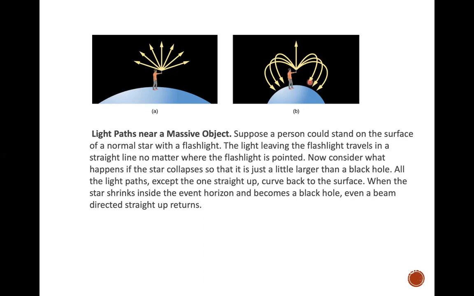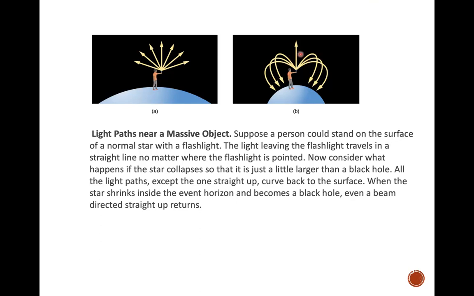Now, think that this star further shrinks, becomes smaller and smaller, and becomes a black hole. In a black hole, there is something called an event horizon, which we will discuss. That is the outer boundary of a black hole. So if this particular star shrinks inside this event horizon, even this beam right here, which is directed straight up, will not come out, right?